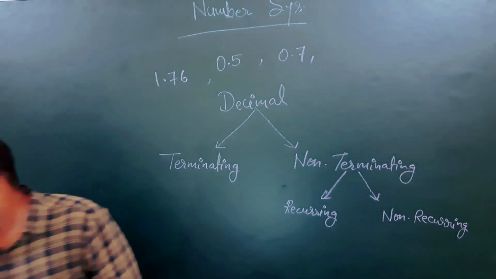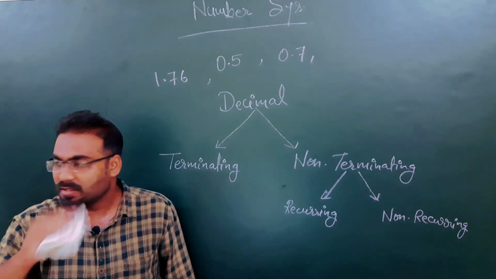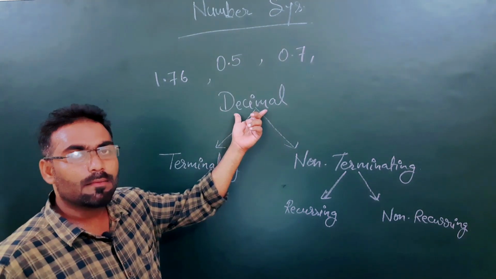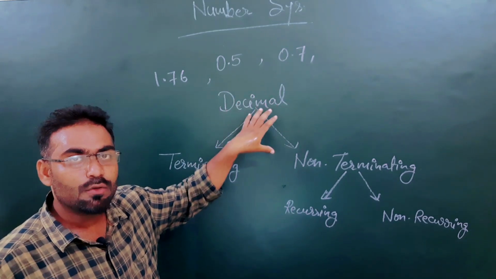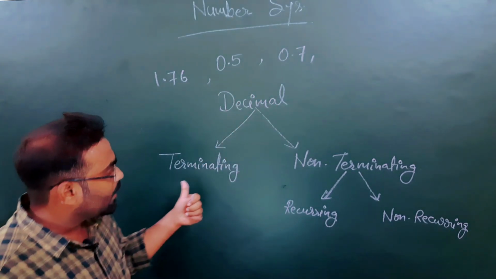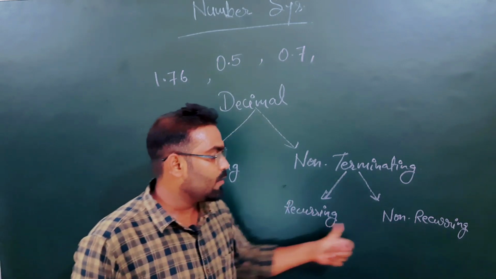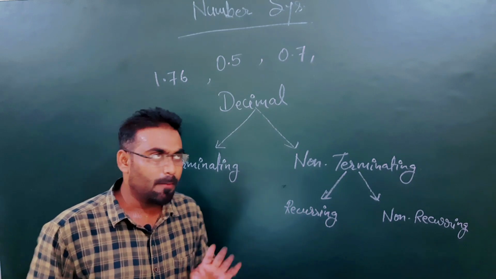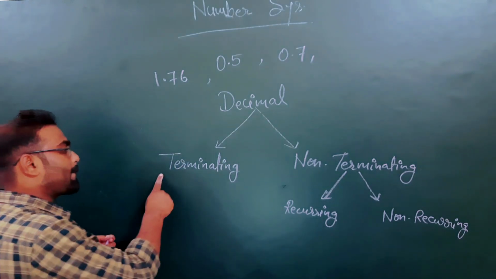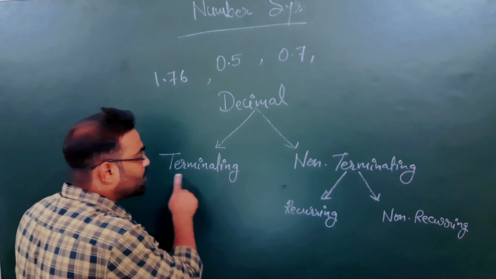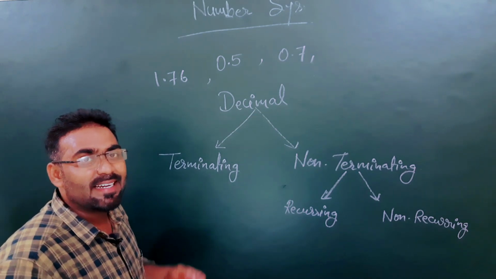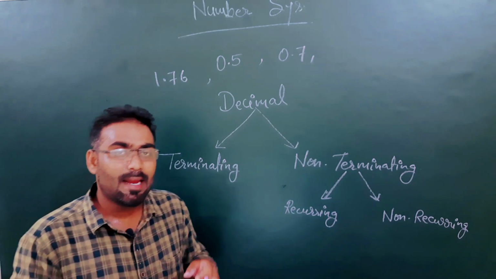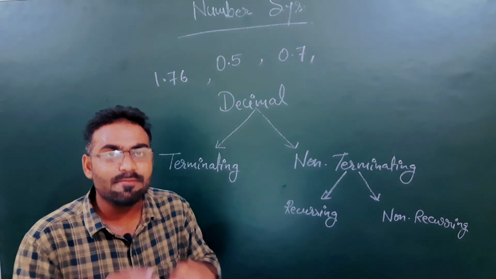So I want you to be very honest with me during the class. Decimal is something with which you are already familiar. Terminating, non-terminating, recurring and non-recurring, these are four terms that are new to you. Terminating, by the term itself, represents that it is finished. If someone is terminated, that person or that product is finished.